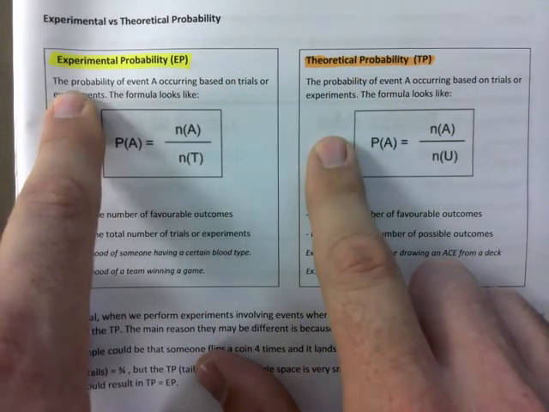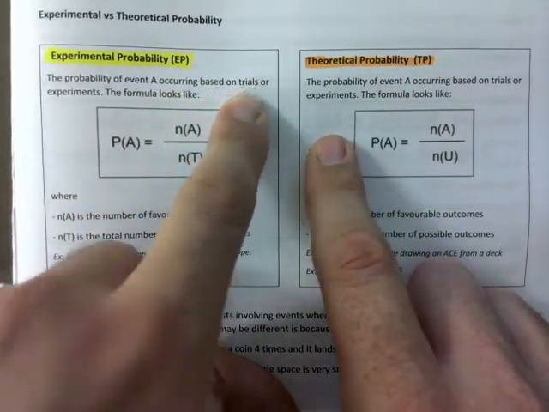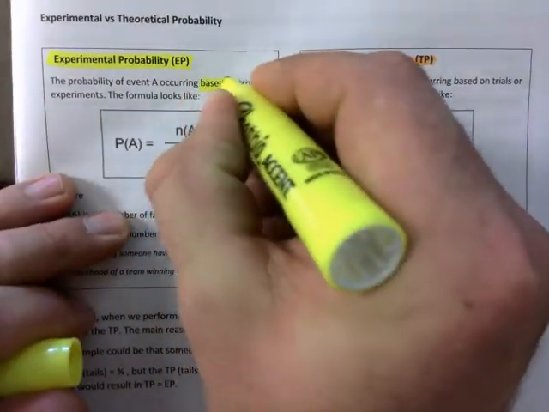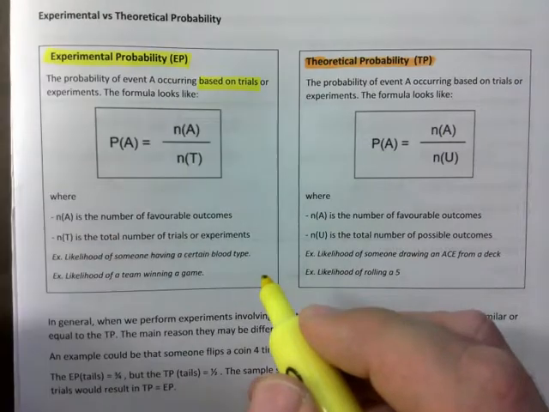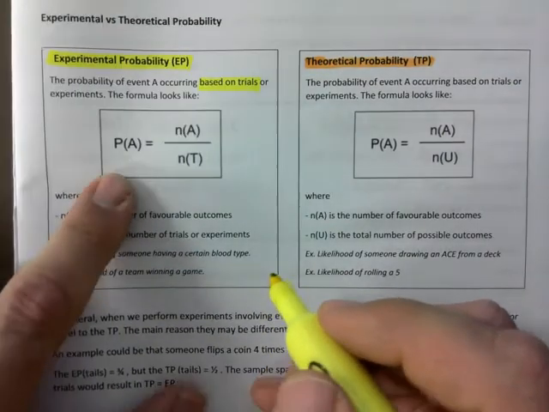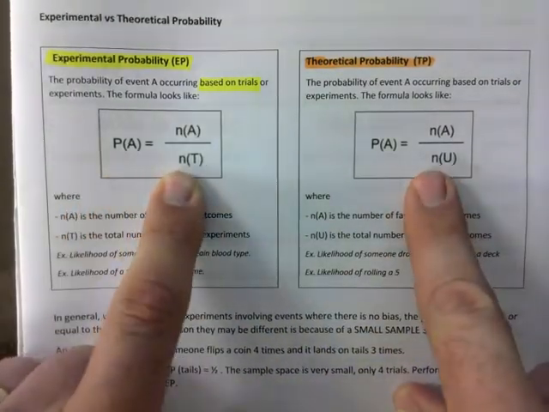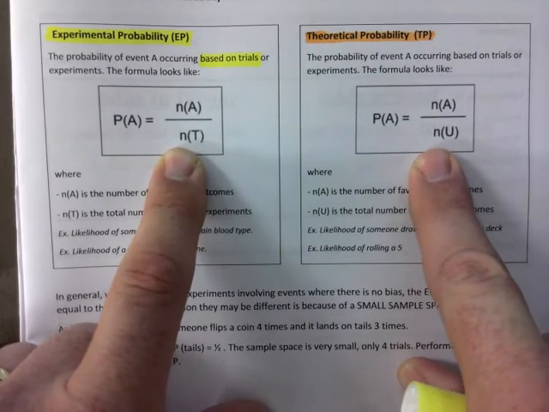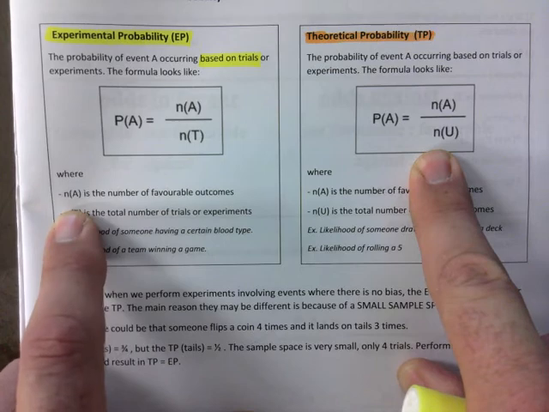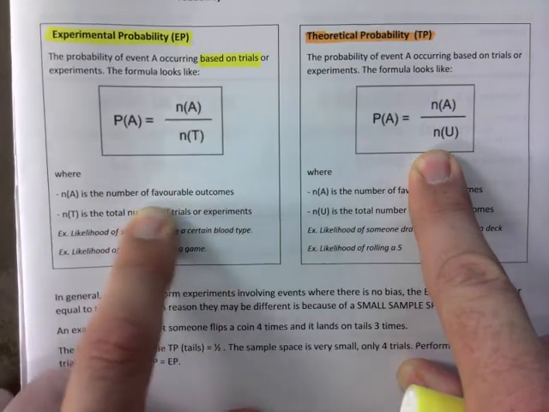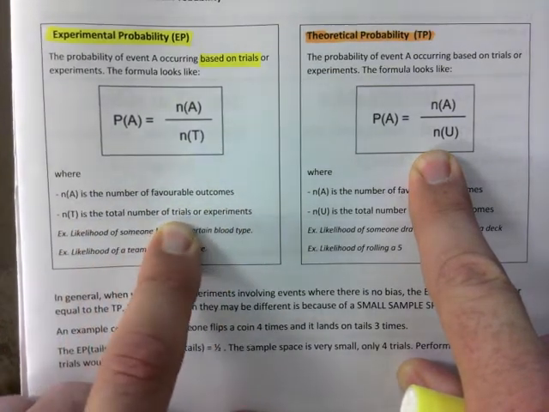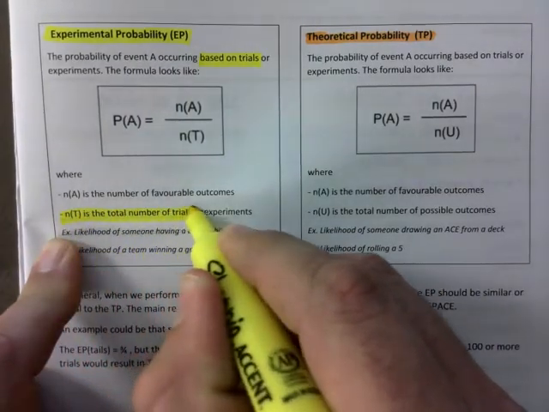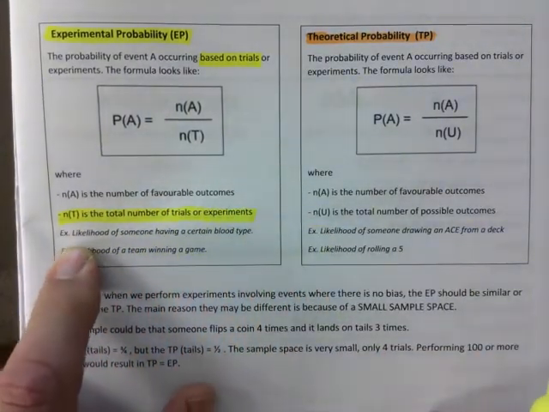So the probability of the event A occurring based on trials. Even though the formula looks the same, the principle remains intact. N(A) is the number of favorable outcomes, and T is the number of total trials or experiments.